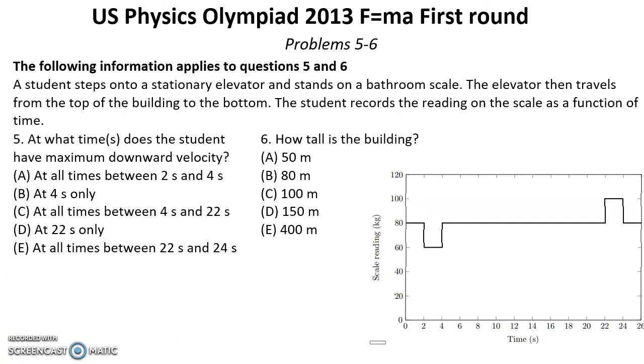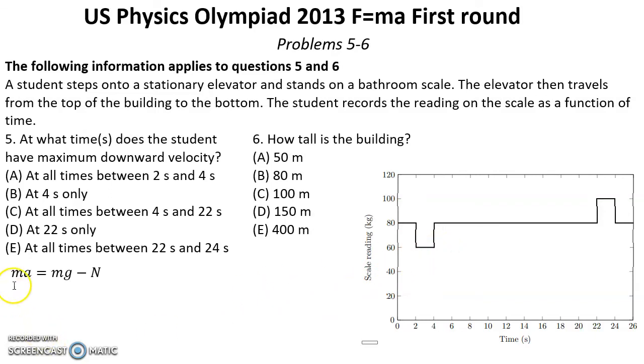Question number 6. How tall is the building? Now let's convert our sentences to formulas. First we can find the equation for the student's motion between 2 and 4 seconds. That will be MA equal mg minus normal force.